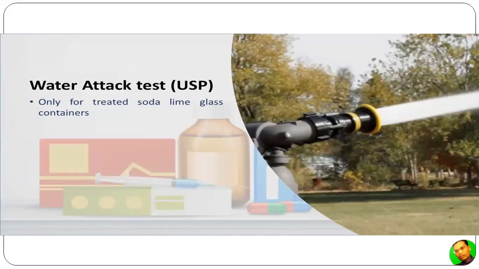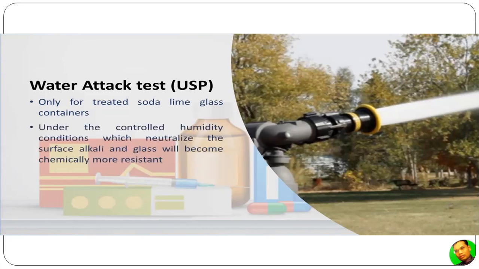Water attack test, that is USP: only for the treated soda lime glass containers is this test performed, not for type 1 and type 2, because these are highly resistant. Only the soda lime glass, or the general purpose glass, or the NP glass undergoes the water attack test.